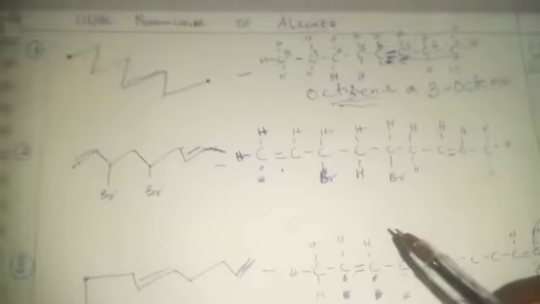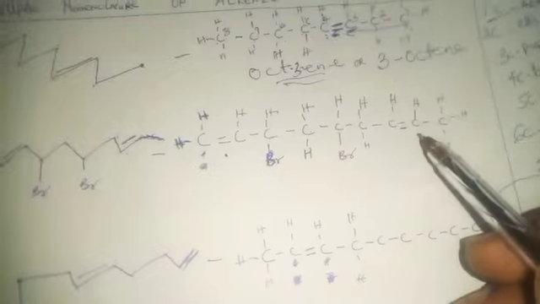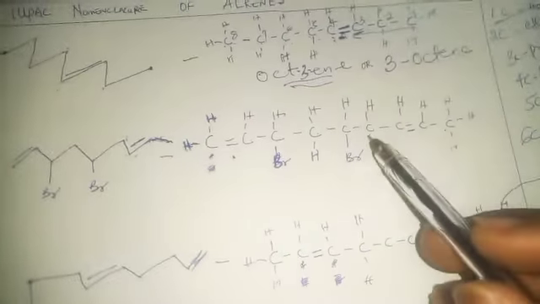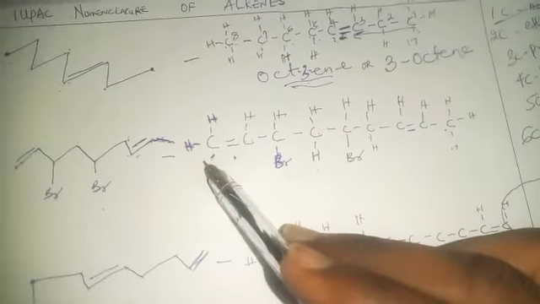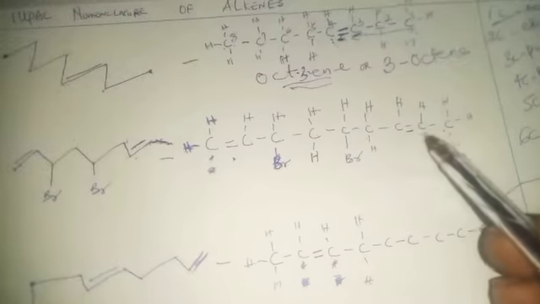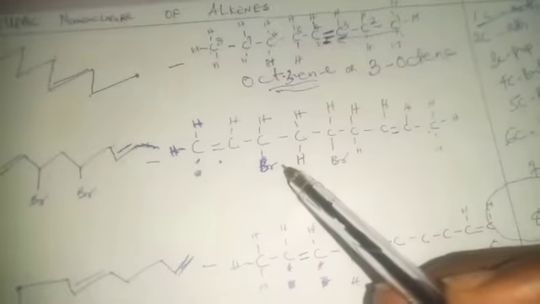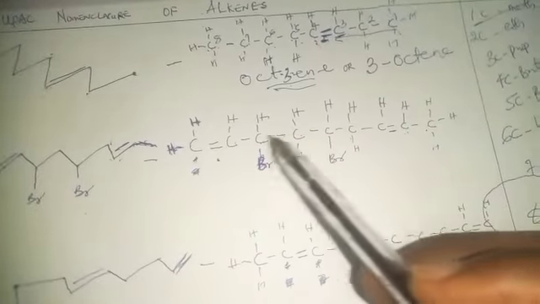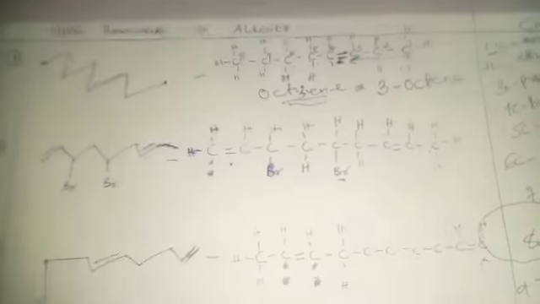So we have to start numbering. It wouldn't be right if we number from here, because if we number from here, we have 1, 2, 3, 4, 5, 6, 7, 8, 9. Now if we number from here, we have the double bonds on the second and eighth carbons, and we have this halogen.